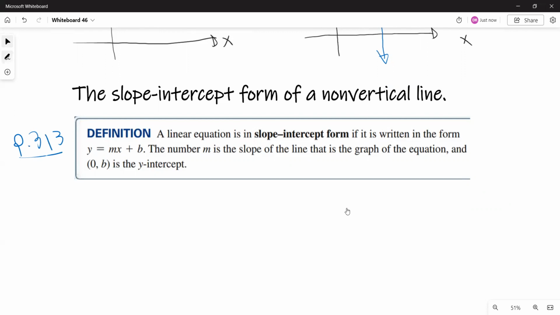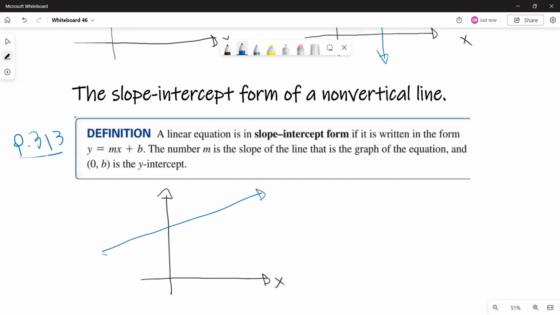So we have the line. The y-intercept is (0, b). (x, y) is any point.